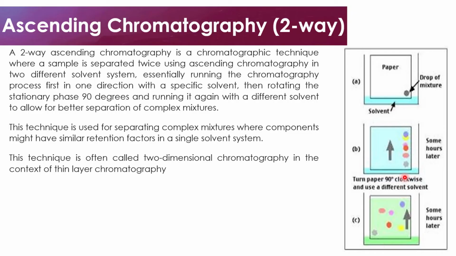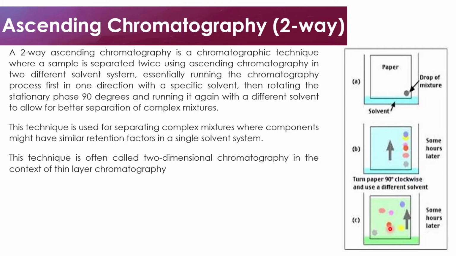Also, if we rotate the stationary phase 90 degrees clockwise, we can see that the analyte, which is the drop of the mixture over here, will be here, and the first separated component, which is a pure component, will also move up over here, giving us one separation.